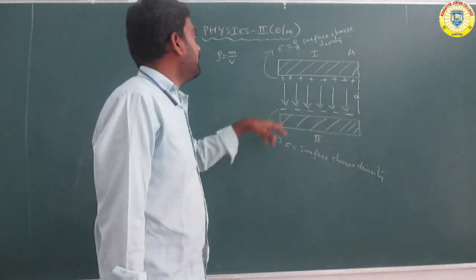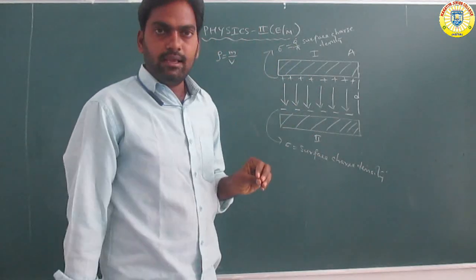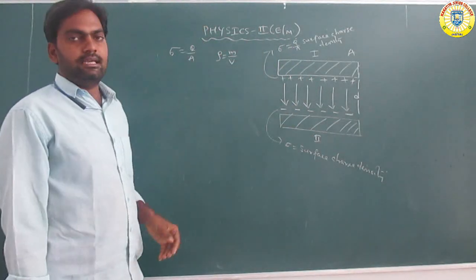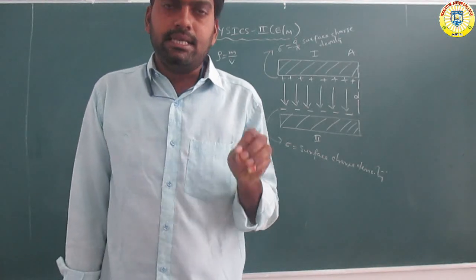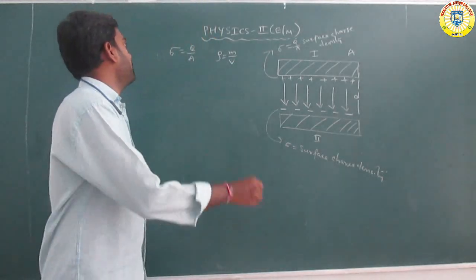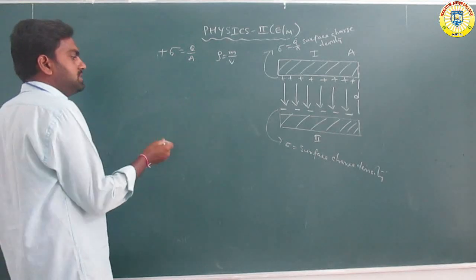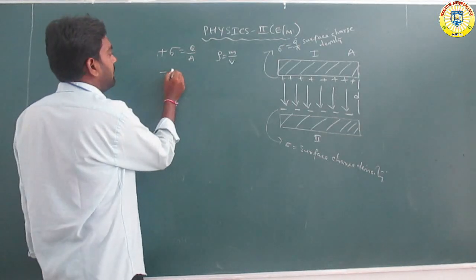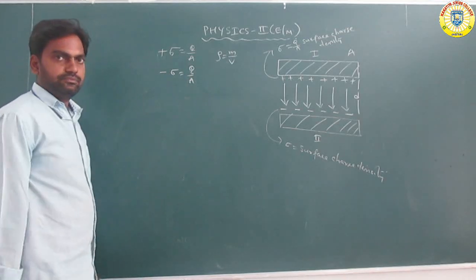But here Q is the total charge and area is taken, so it is called surface charge density. The surface charge density on the first plate is sigma equal to plus Q by A, and on the second plate it is minus sigma equal to minus Q by A.